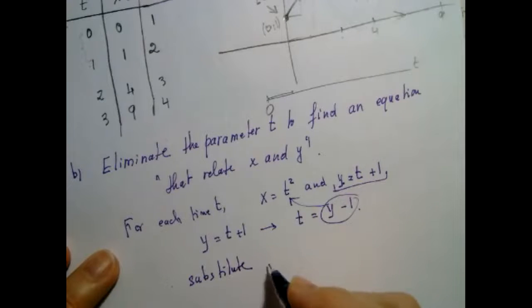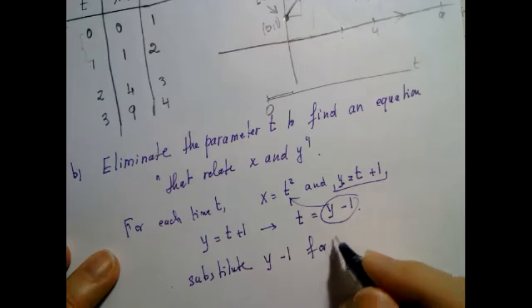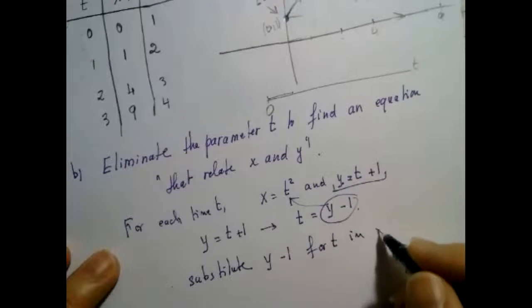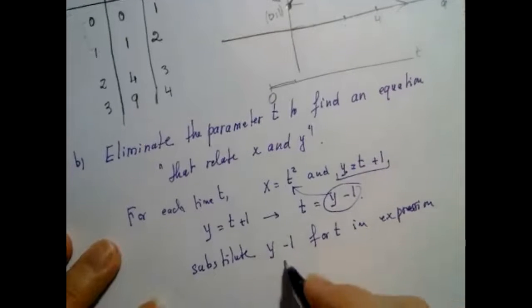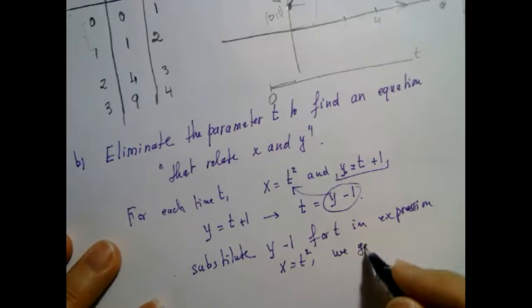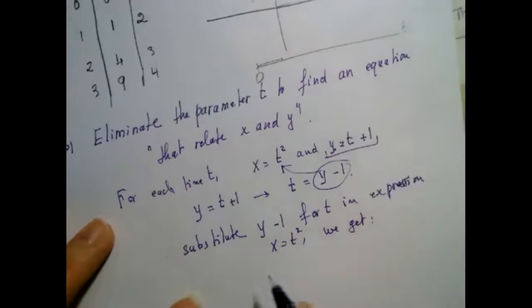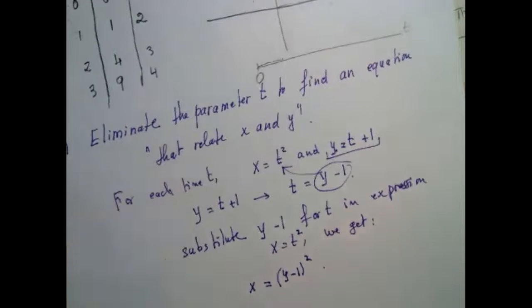We're going to substitute y minus 1 for t in the expression x equal t squared. And then we get the following. X equal, instead of t, I put y minus 1 squared.